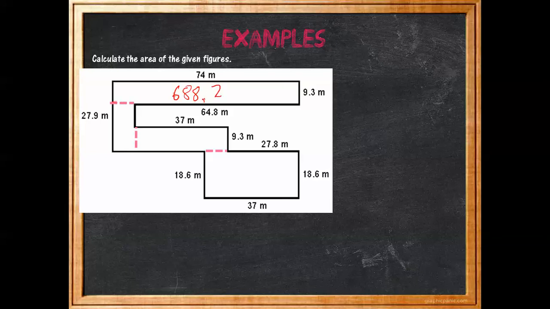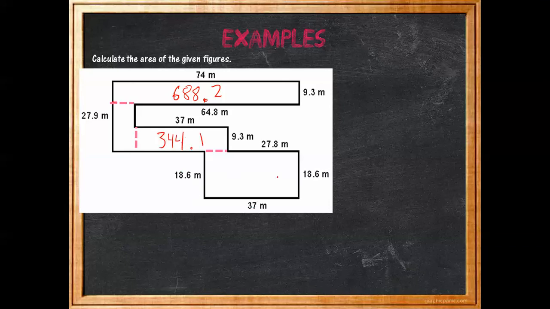The next thing, my next choice was either to do this line right here or this line right here. I chose this line right here because for this box, I already know this length is 37 and this one is 9.3. So I can take 37 times 9.3 and that gives me 344.1.